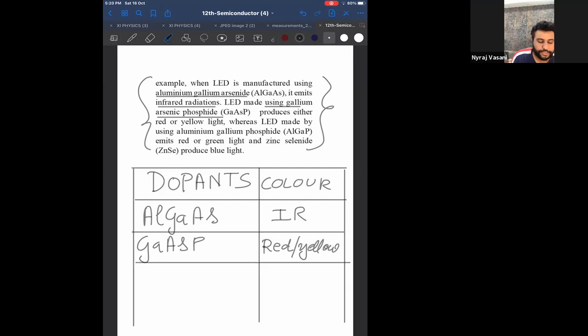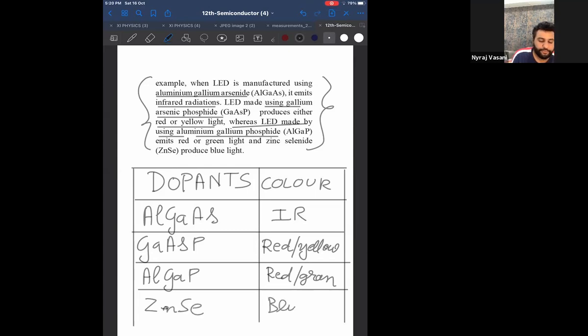LED made using aluminium gallium phosphide gives either red or green. And the last one, if I use zinc selenide, ZnSe, I will get blue light.